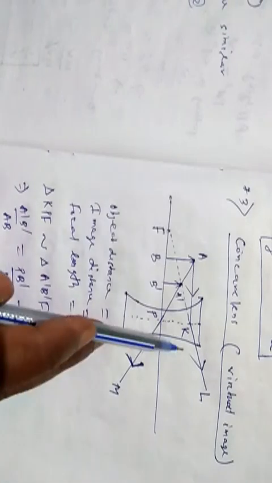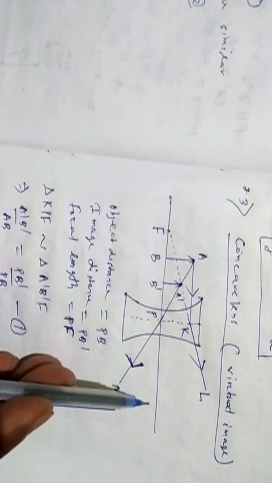Similarly, triangle KPF is similar to A dash B dash F. So you can write A dash B dash by KP is equal to B dash F by PF.